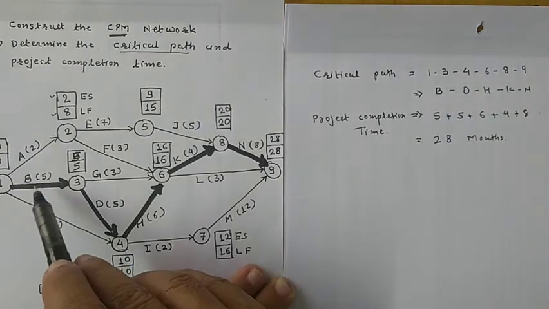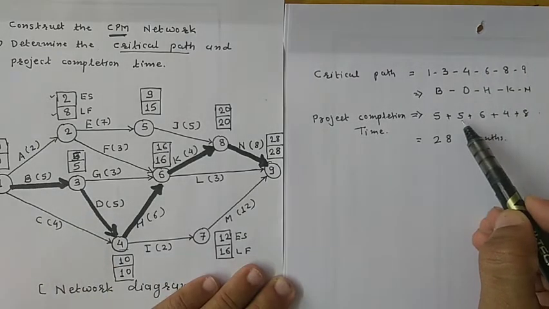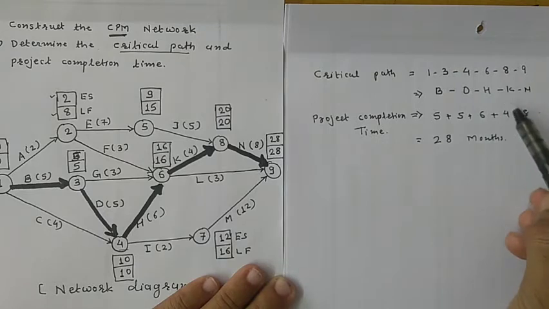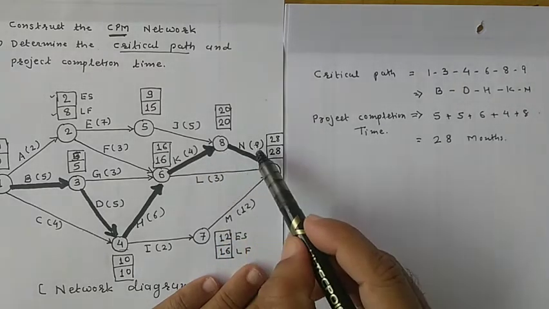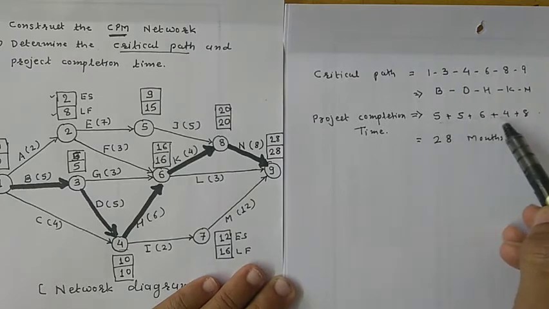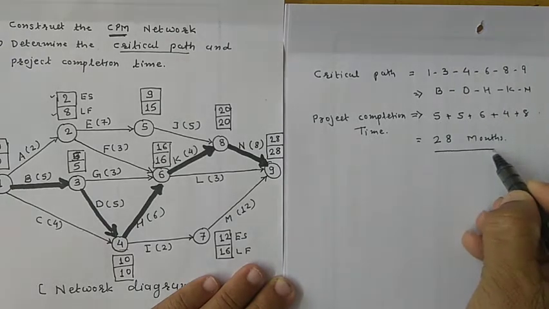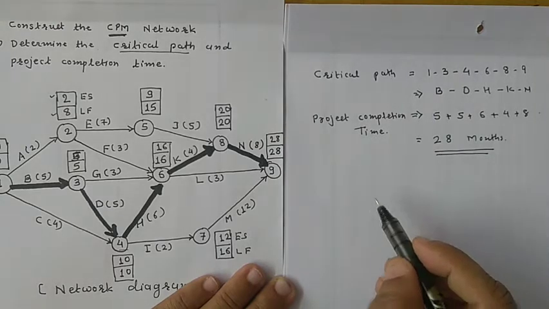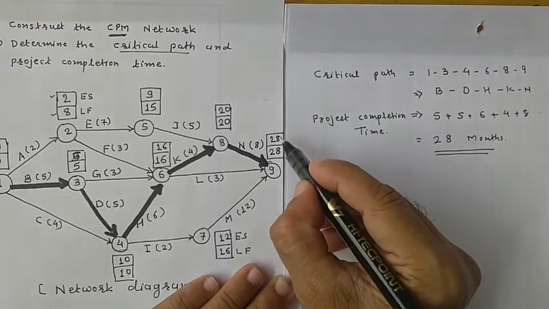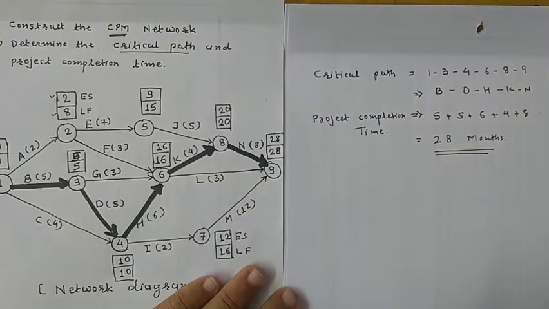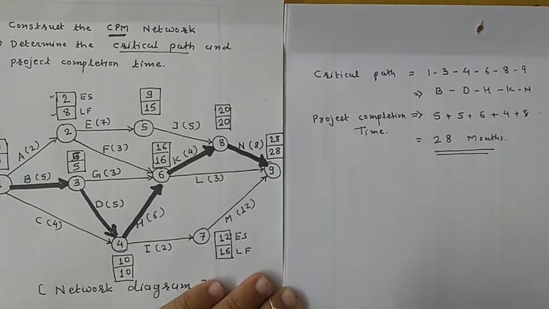For activity B, 5, activity D, 5, activity H, 6, activity K, 4 and activity N, 8. So 5 plus 5 plus 6 plus 4 plus 8 is equal to 28 months. So 28 months is our project completion time. Here also you can see the project is completed in 28 months. So here our example is finished.